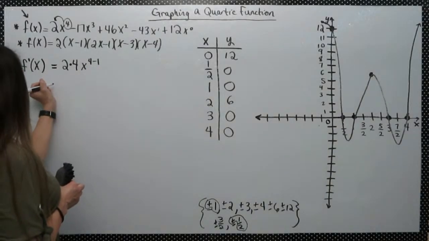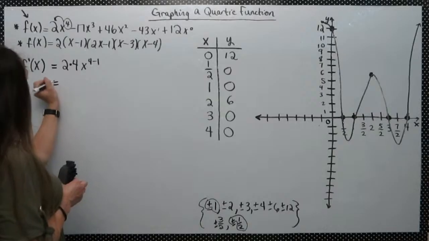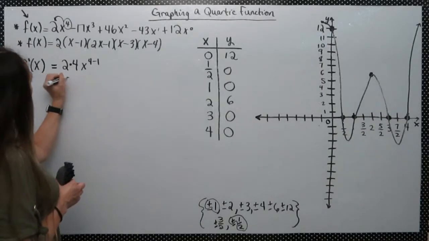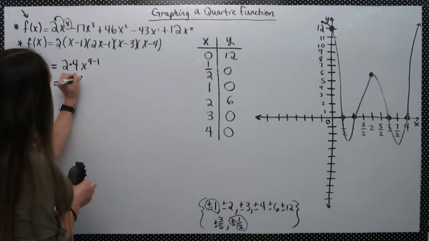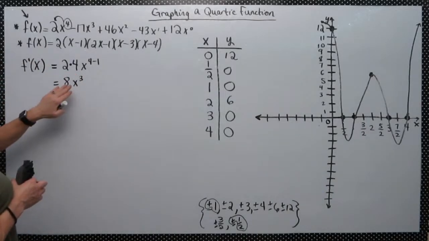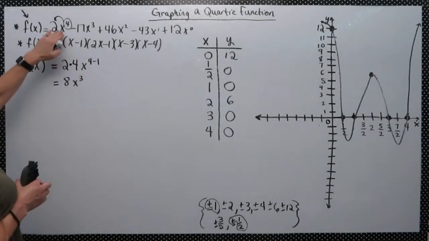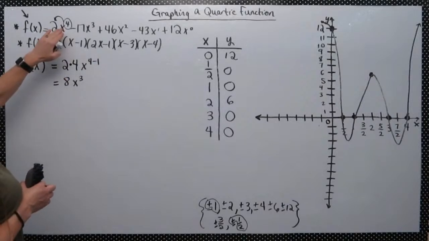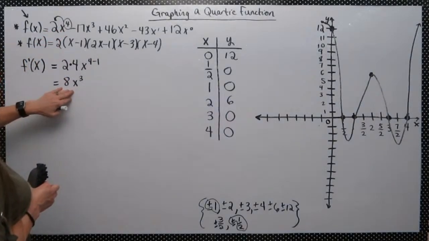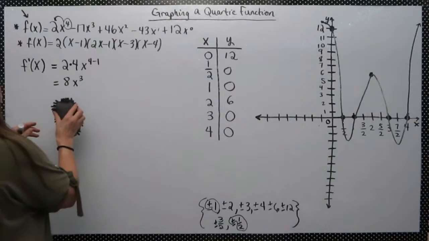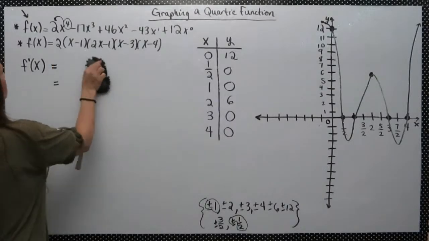We'll do this for the first term and then I'll go faster. 2 times 4 is 8, and 4 minus 1 is 3. So when you take the first derivative of this term using the power rule, you get 8x cubed.